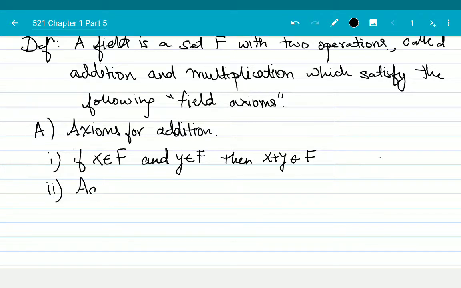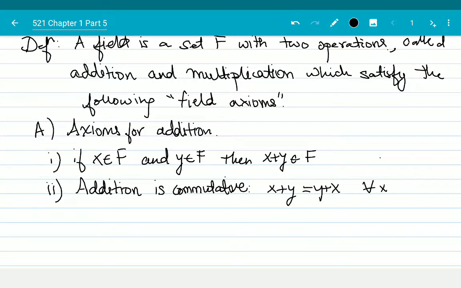Second, addition is commutative. What does that mean? x plus y is equal to y plus x for every x, y in F. Third, addition is associative.